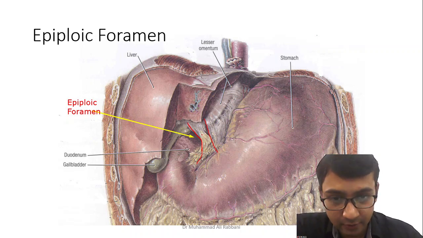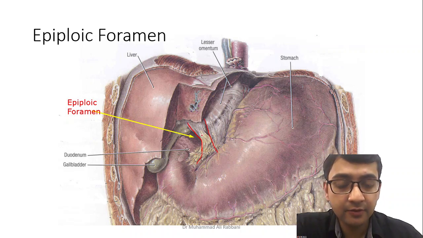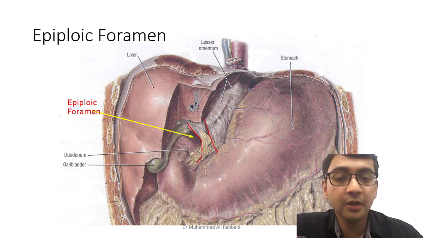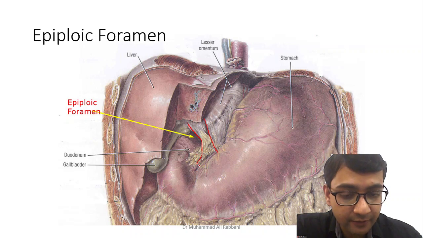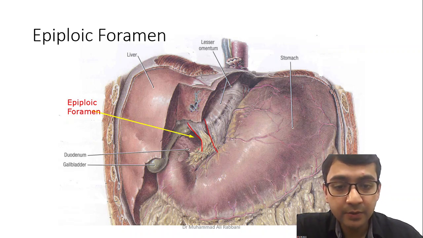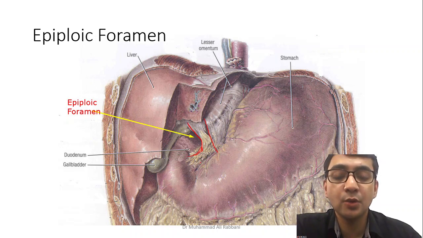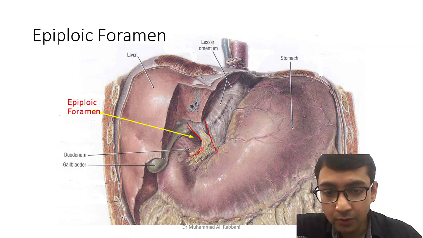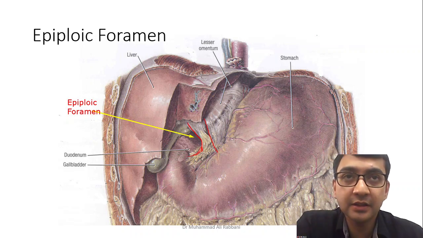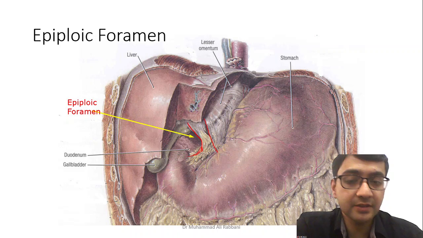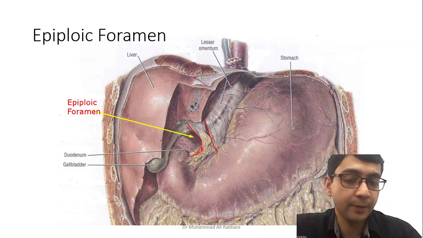You can just say lesser omentum, or the inferior or right free margin of the lesser omentum, or the part of the lesser omentum that runs between the liver and the first part of the duodenum. It is known as the hepatoduodenal ligament. So the hepatoduodenal ligament is nothing but the part of the lesser omentum that runs between the liver and the duodenum.